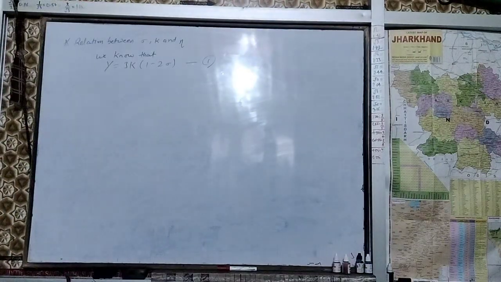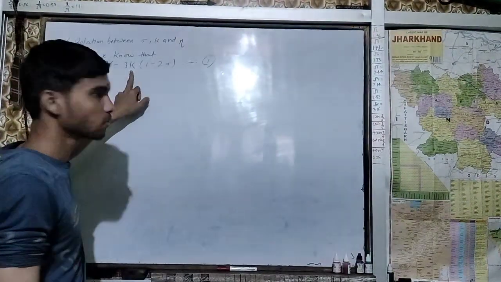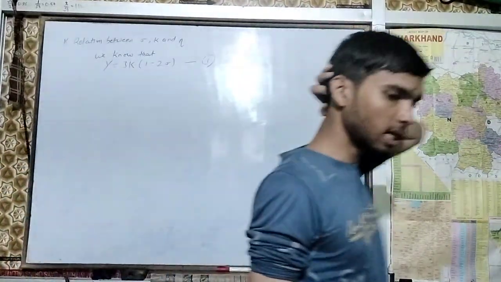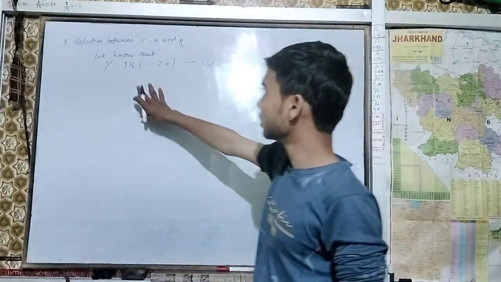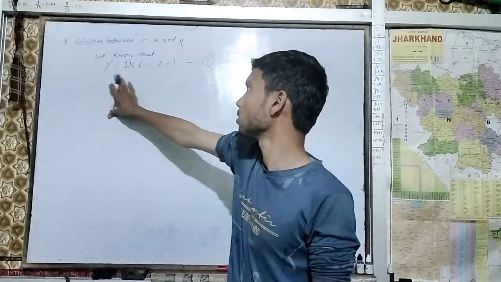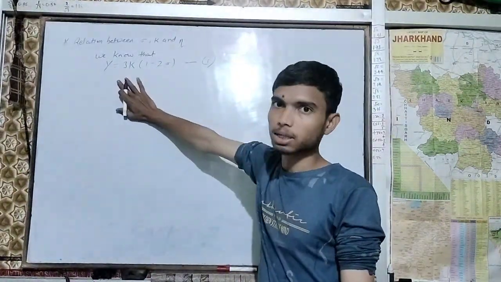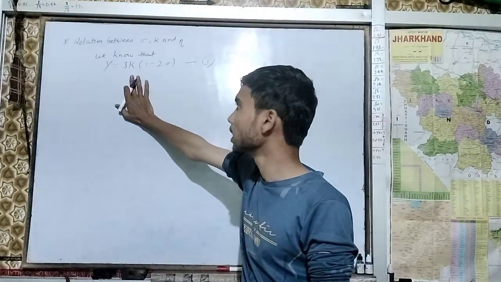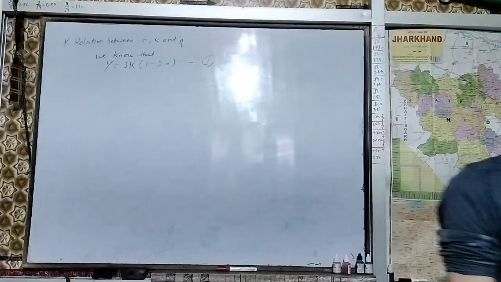Just before this, I explained this, a little bit of information, not complete. Here is where you will realize bulk modulus. So our first relation is between Young's modulus, bulk modulus, and Poisson's ratio: Y = 3K(1 - 2μ).